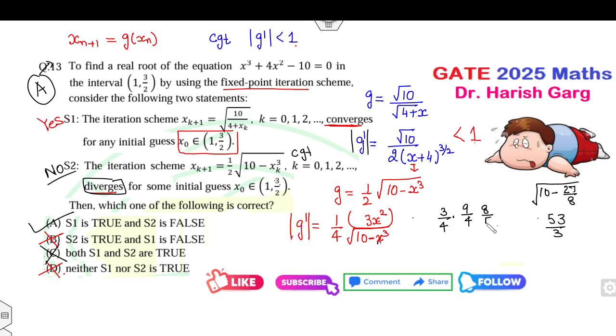So the ratio is 27 over 16 times root of 8 over 53. Again you can see this ratio is less than 1 because the square root is 0 point something, and when you multiply by it, the result is less than 1. So in both cases you get convergence, but S2 says divergent, so S2 is wrong. So option A is the right answer of the problem.